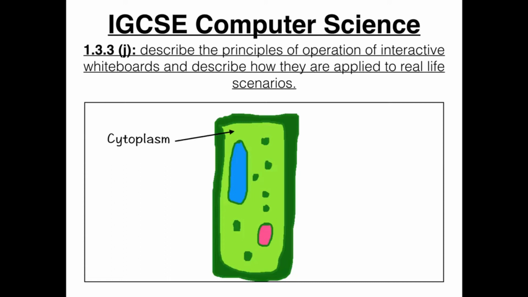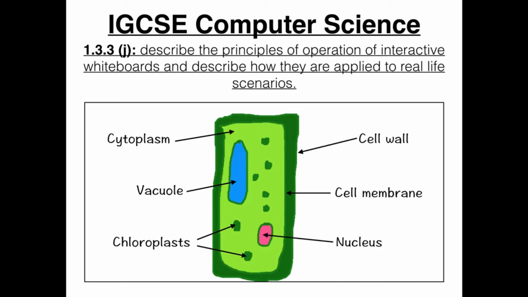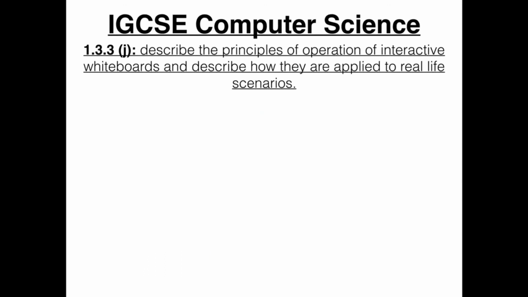So we have the cytoplasm, the cell wall, the vacuole, cell membrane, chloroplasts, and nucleus, and you can annotate this, and this whole thing can be saved for later use on the computer, so that in the next lesson when we come back to learning about plant cells, we don't have to rewrite this. We can save whatever's been done here. So it's pretty much how an interactive whiteboard works.